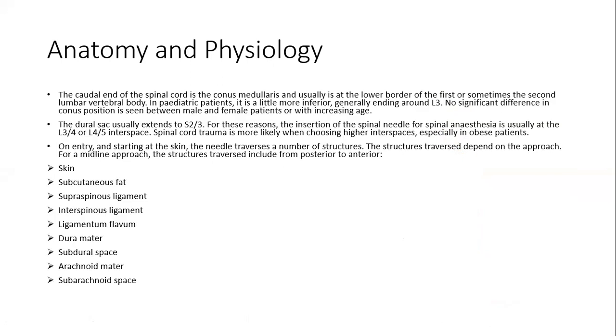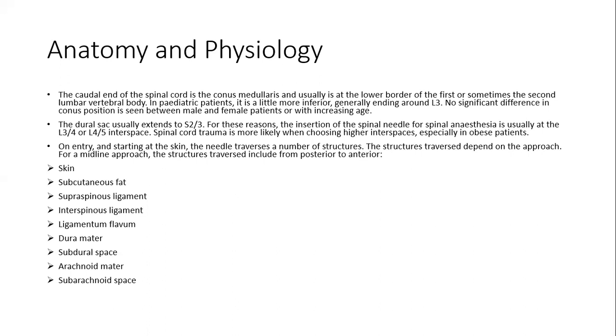On anatomy, the spinal cord ends in what we know as the conus medullaris. Most of the time it ends around L2. But for the pediatric patient, it's a little more inferior, extending to around L3.